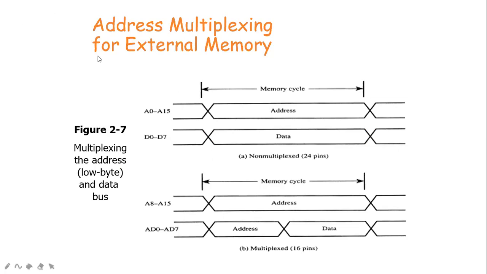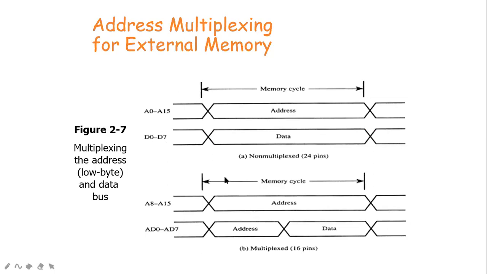Consider the non-multiplexed case, which needs 24 pins: D0 to D7 are the data lines used for data transmission, and A0 to A15 are the lines to send the address.